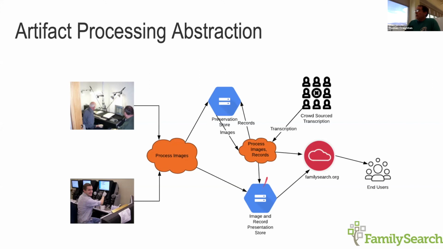We can then engage, through a crowdsourcing model, lots of people, typically volunteers, who do partial to full transcriptions of the records so that they become searchable. And in addition, in very recent times, we've managed to make use of machine learning technologies that enhance that process. And then finally, everything is available on FamilySearch.